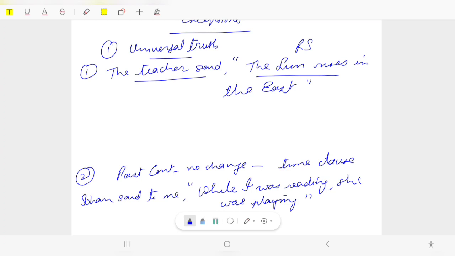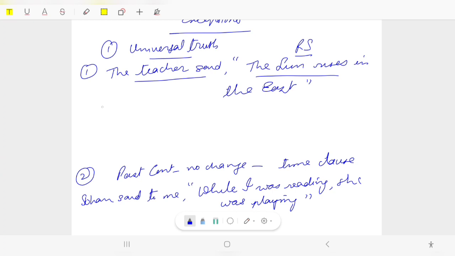Now as per rule, the tense of RS should be changed if RV is in past. But here in RS, a universal truth is expressed. The sun rises in the east. It always rises in the east. It's a universal fact. So in such cases, we do not change the tense of RS.